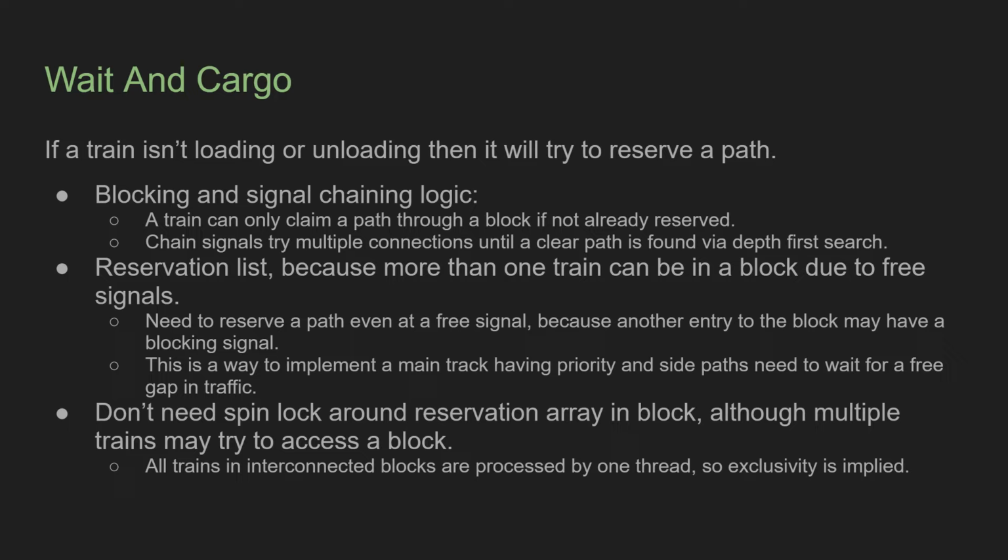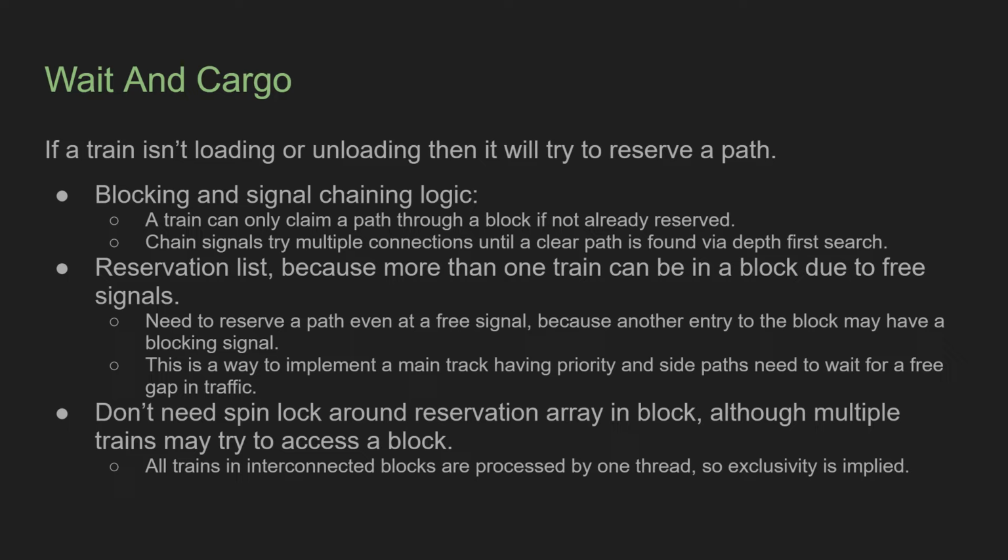I'll note that it needs to be a list of trains reserved for a signal because it's possible for more than one train potentially to be in a block if the trains passed through a free signal. But that block may also have a blocking signal entering it, and the blocking signal will require that all of the trains have exited before it allows a train through.